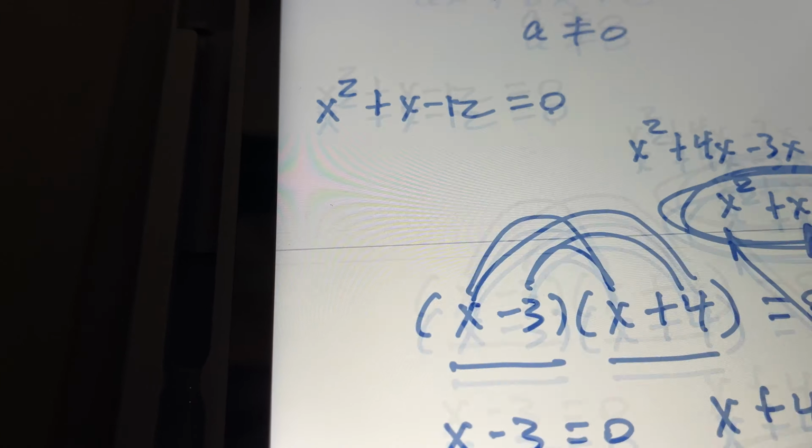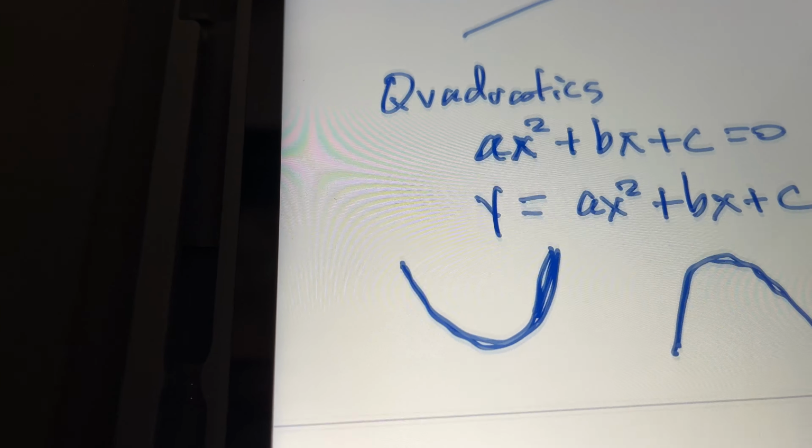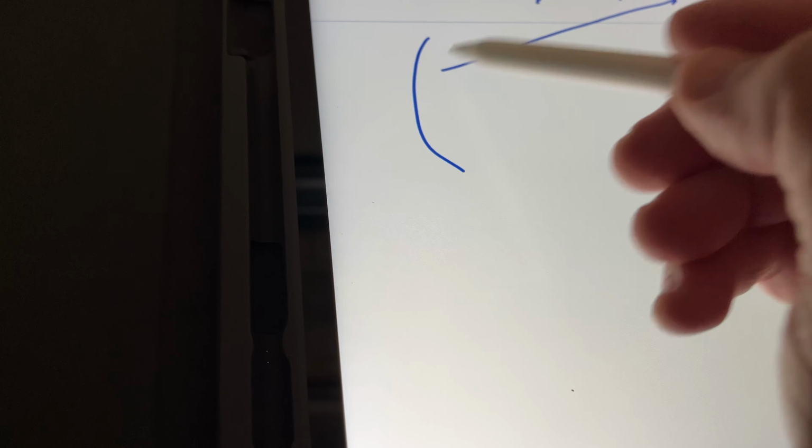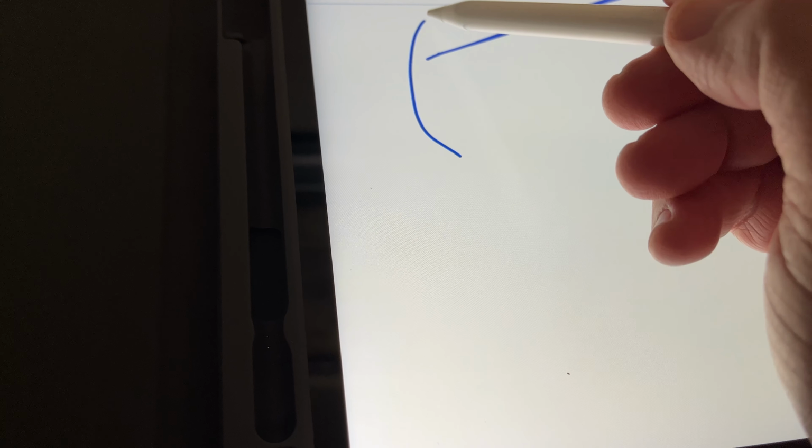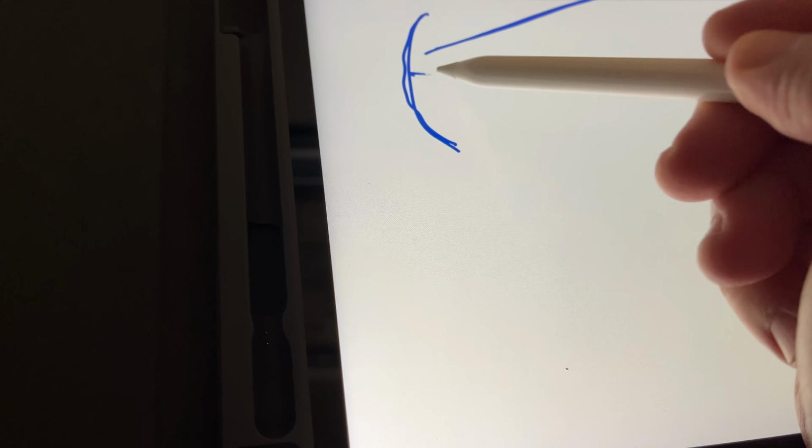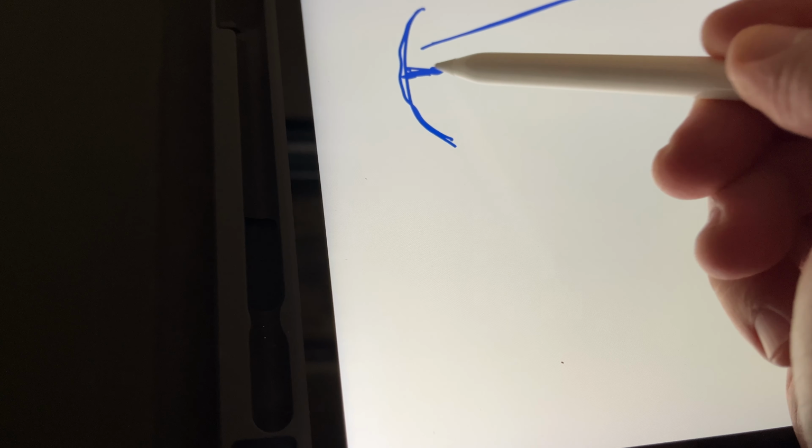So a lot of things in the real world end up being quadratics. They end up having a parabolic shape. Some of them would be like a satellite dish. You've got a signal coming in from somewhere out in space, and it hits this parabolic shape and then is reflected through to a point here.